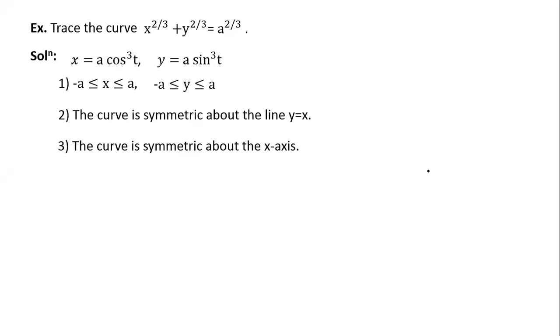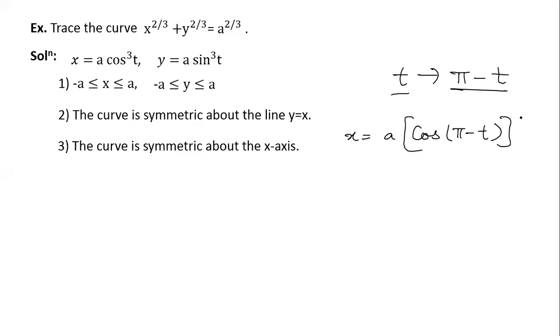We use property 2 when we have algebraic equations, and when we have trigonometric equations, then we are going to make use of property number 3. Property number 3 is that replace t by pi minus t. And let us see. So here x will be equal to a times cos of pi minus t bracket to the power 3, and y will be equal to a times sine of pi minus t bracket to the power 3, and let us verify.